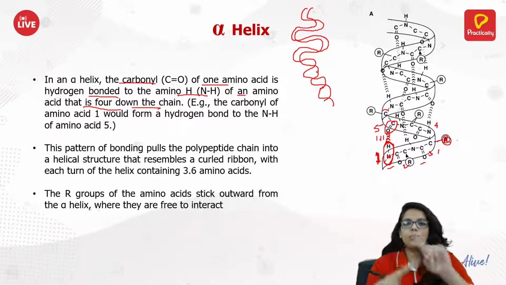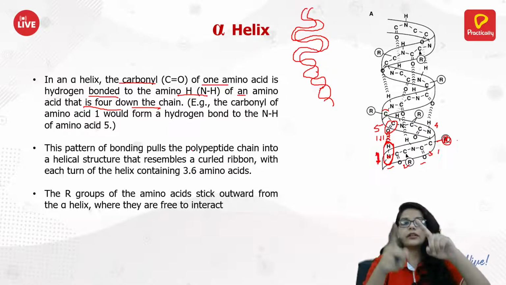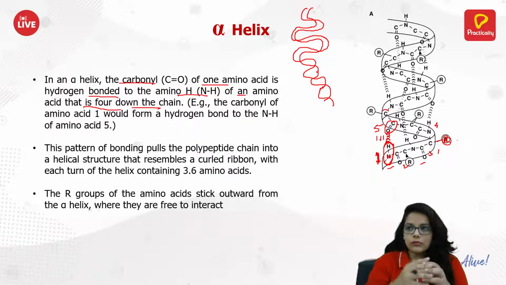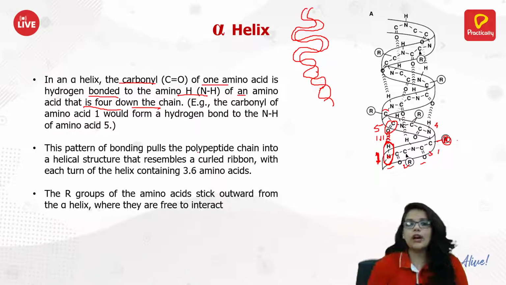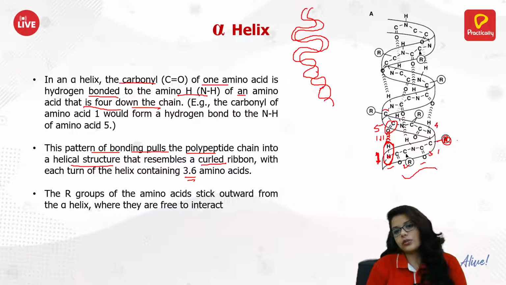So they are related among themselves to the far away carboxylic acid also. That is how the alpha helices make helices, because they're related to their near ones and also to the far ones. This pattern of bonding pulls the polypeptide chain into a helix structure, like a curled ribbon, and each turn contains 3.6 amino acids. So each helix will have around 3.6 amino acids.